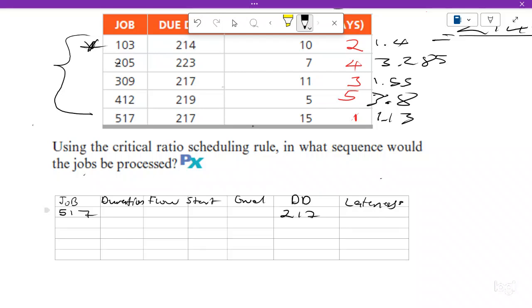And then this 15 is the production time. Then 2, we have 103, with 10 as its duration. Then Q8 214.